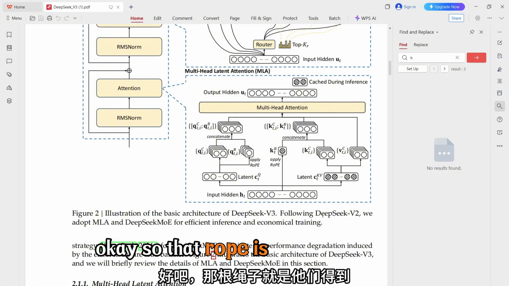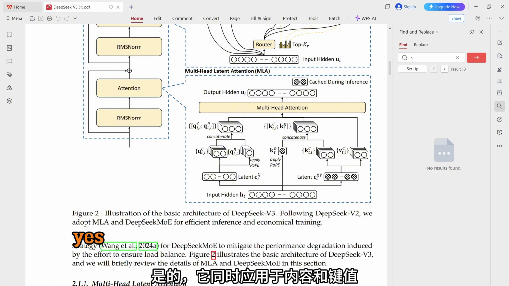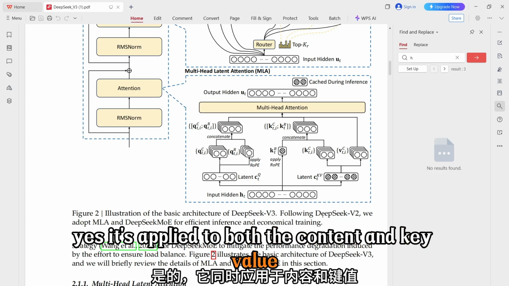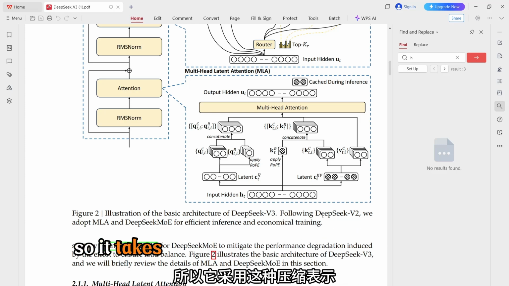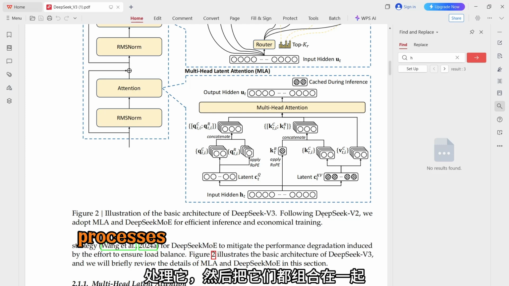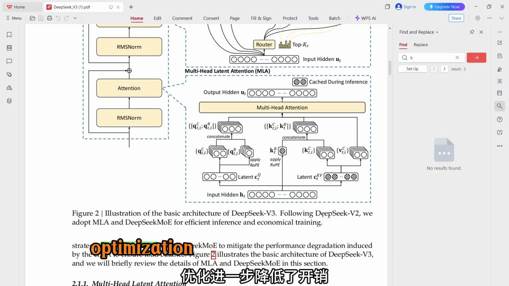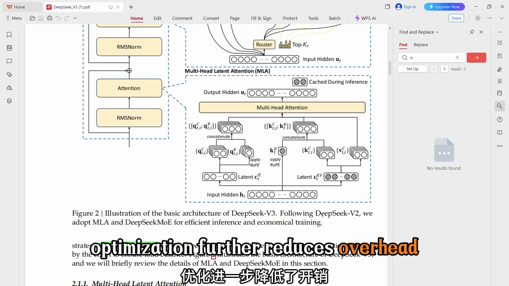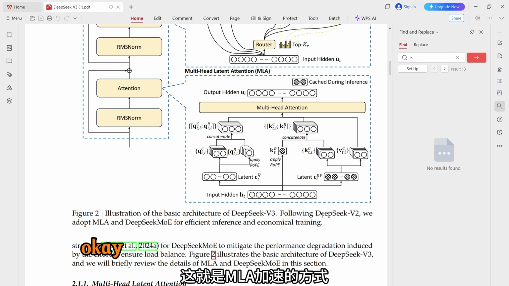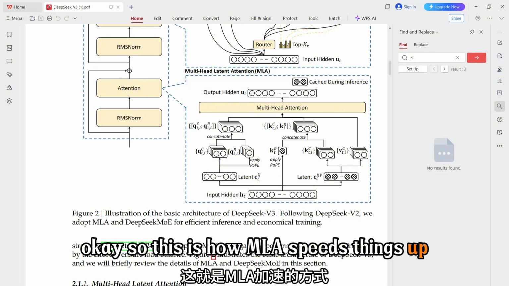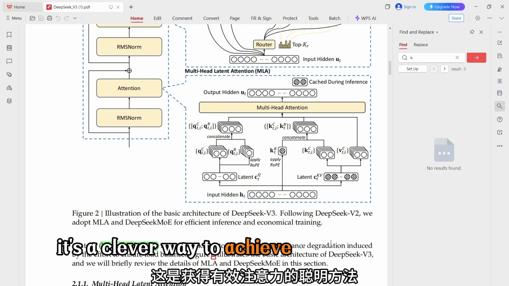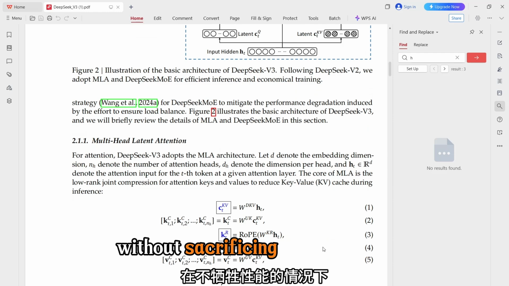So RoPE is how they get the positional information. Yes, it's applied to both the content and key value latent spaces, as you pointed out. So it takes this compressed representation, processes it, and then combines it all back together. Yes, and the caching optimization further reduces overhead during sequential processing. So this is how MLA speeds things up. It's a clever way to achieve efficient attention without sacrificing performance.